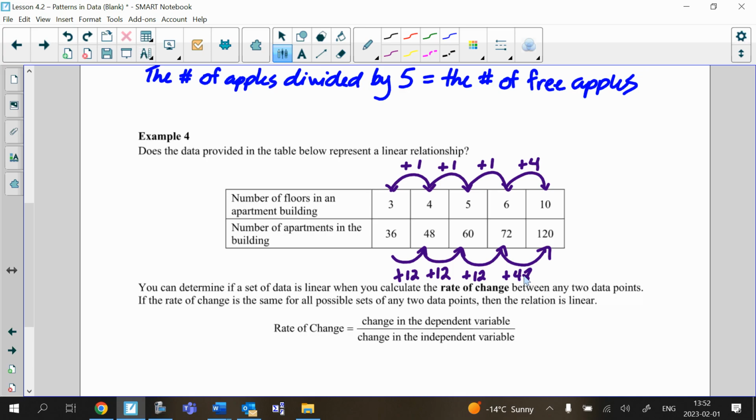Okay? So for this example, I would want to find 4 rates of change, this pair, then this pair, then this pair, then this pair. If they're all the same, it's linear.